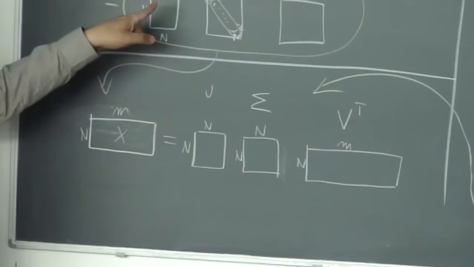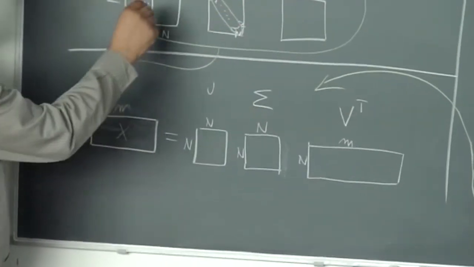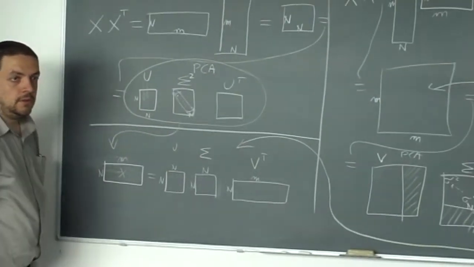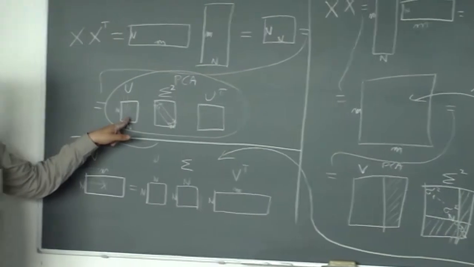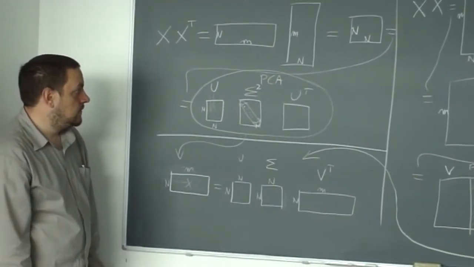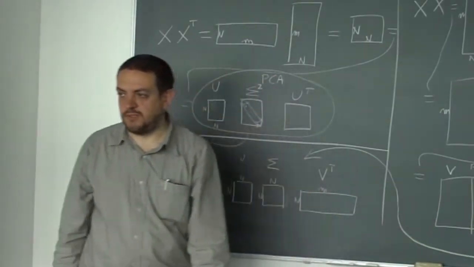And by virtue of the PCA decomposition of last time, we know that U is column orthonormal. Well, it's square, so it's both column and row orthonormal. And also V is column orthonormal.